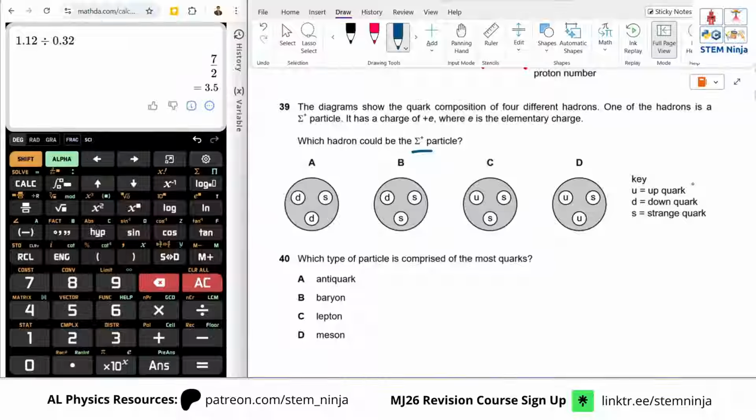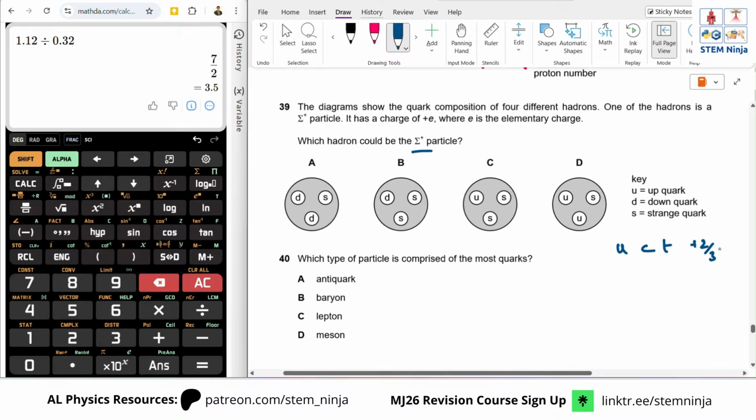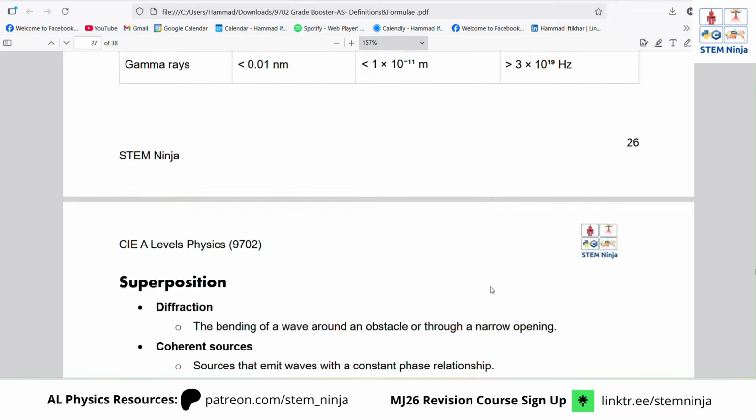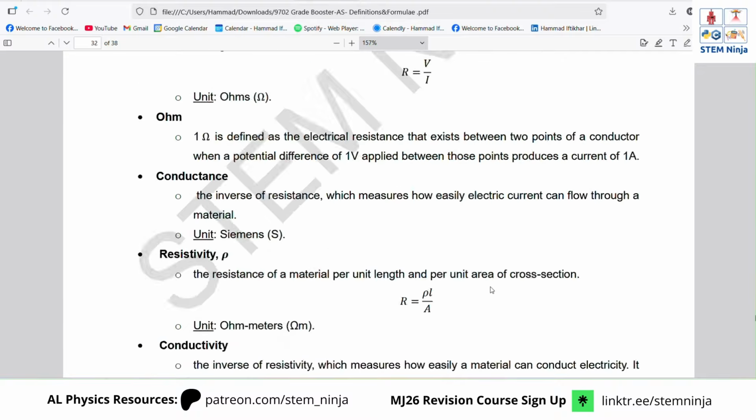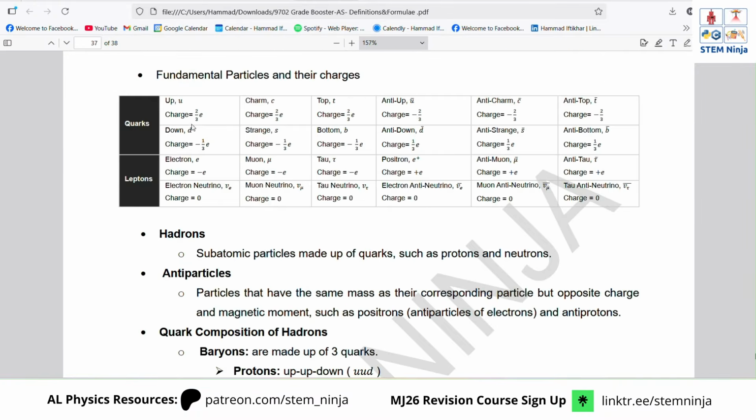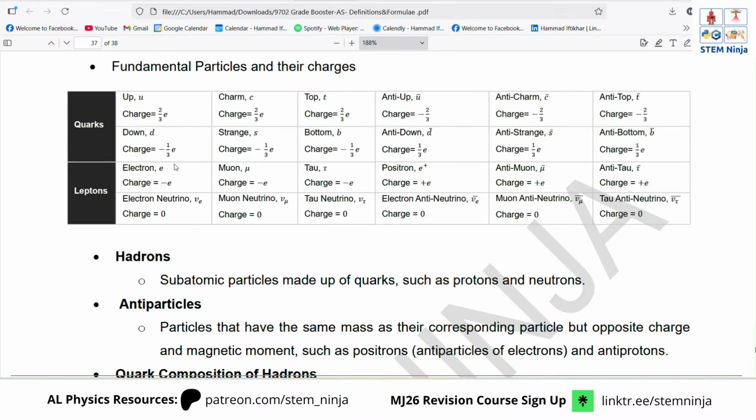So remember, up, charm, top have plus 2/3 E charge, and down, strange, bottom have minus 1/3 E charge. We have this in the table in the definitions and formulae. Right over here, up, charm, top have plus 2/3, and down, strange, bottom have minus 1/3.